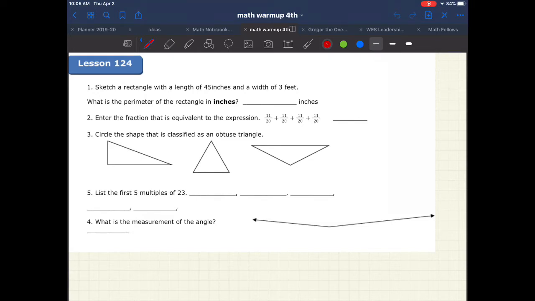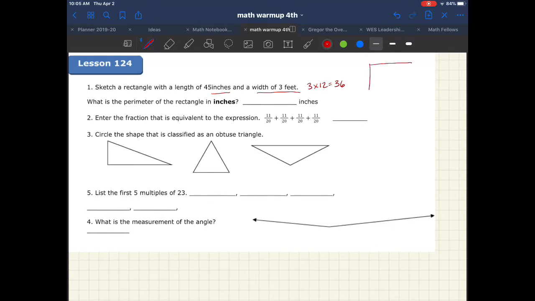So number 1 says sketch a rectangle with a length of 45 inches and a width of 3 feet. We're kind of estimating this, but I think it's worth noting that this says inches and this says feet. There are 12 inches in a foot, so it should be 36 wide, which means it should not be quite as wide as it is long, right?